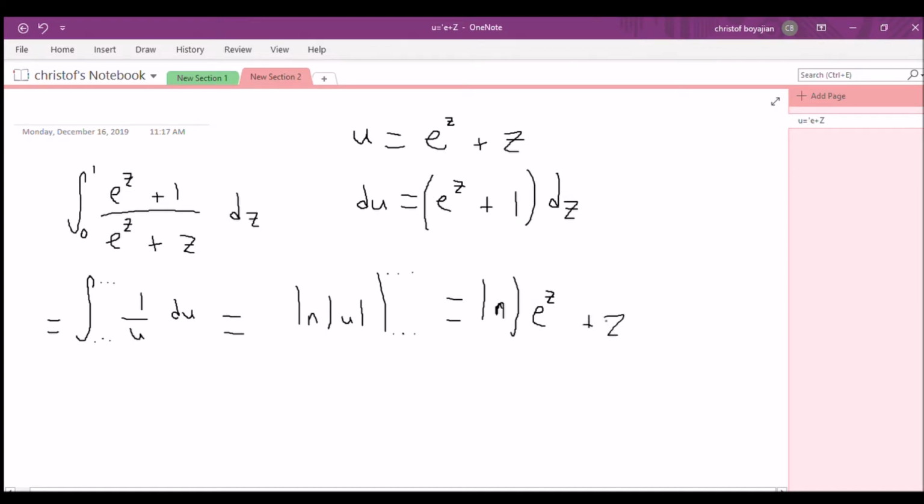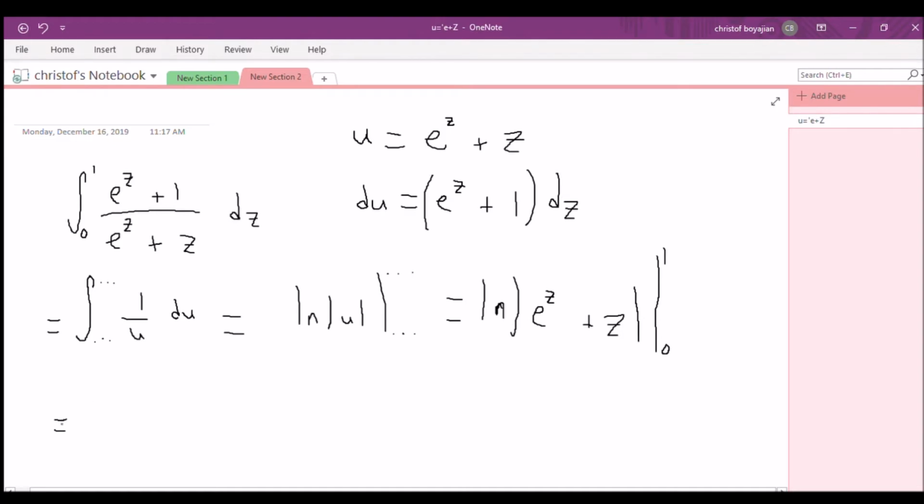This is actually found in a math book that I'm using, and it's in terms of z. So here we have the natural log of e to the z plus z. And now that we have our variable back in z, we can put our bounds back over here. So from 0 to 1, that's where we are evaluating this.